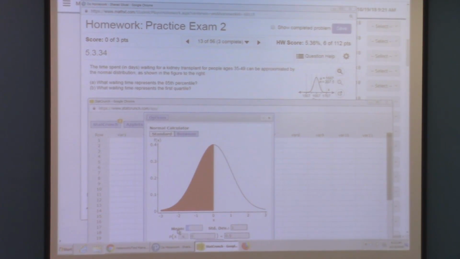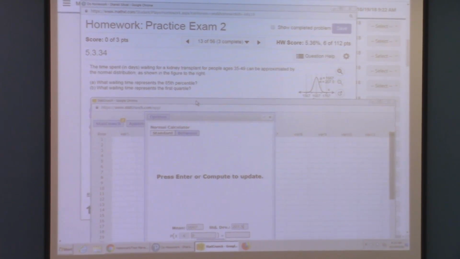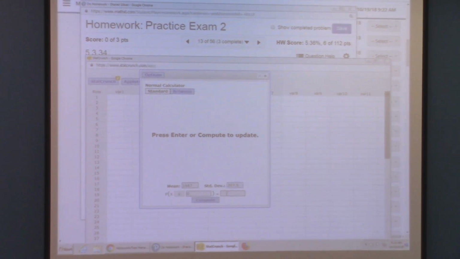We are told it's 1667 is the mean, and the standard deviation is 207.5, and we are looking for the 85th percentile, meaning the area. See, this is the area box, okay? That area is 85. And the mean is 1667. And the standard deviation is 207.5, yeah.